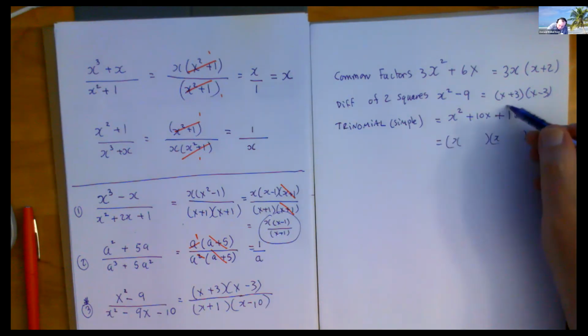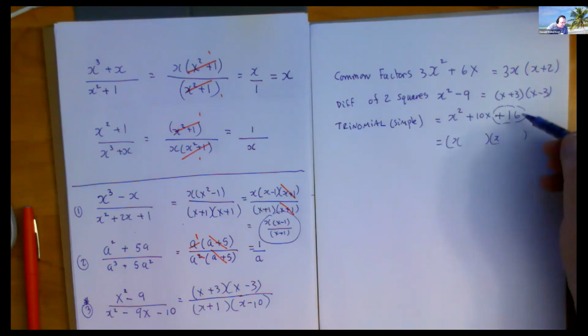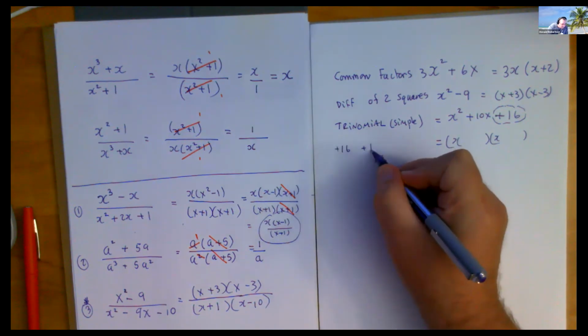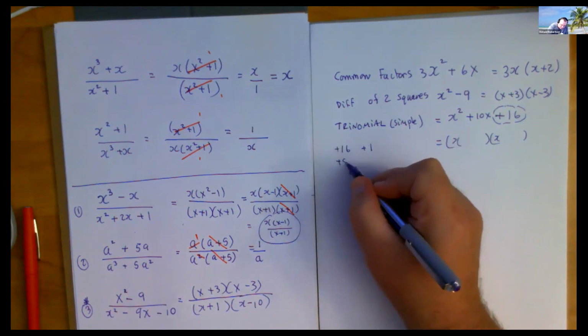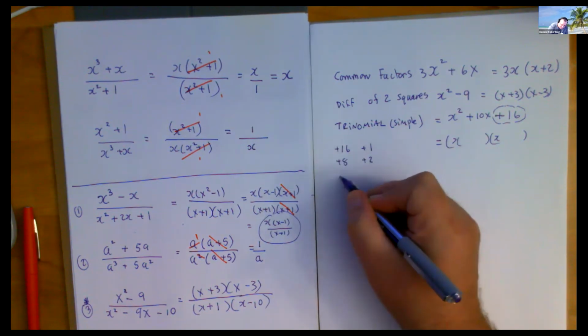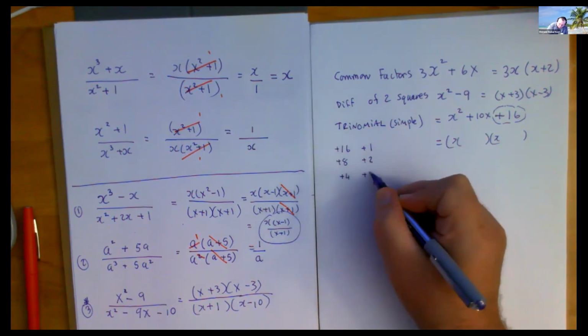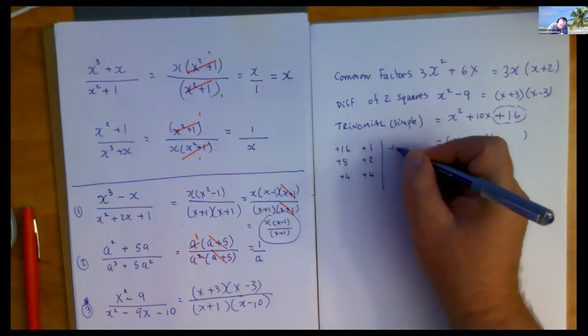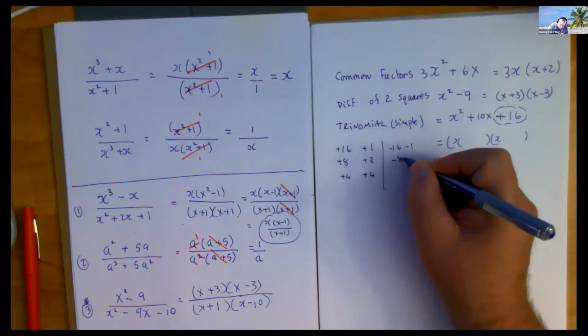You look at this number and you find all the different ways you can find two numbers that give you 16. So for instance, I could have positive 16 and positive 1. I could have had positive 8 and positive 2. And I could also have positive 4 and positive 4. Technically speaking, can I also have two bunches of negatives?